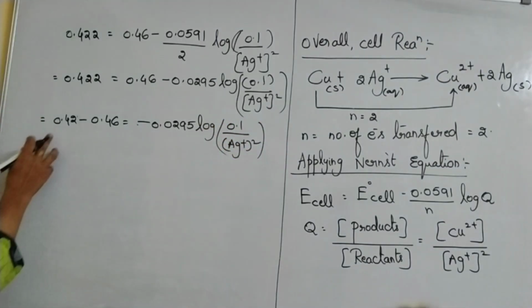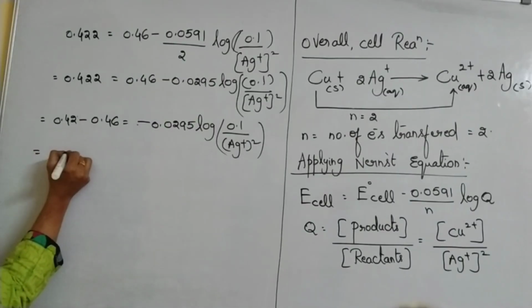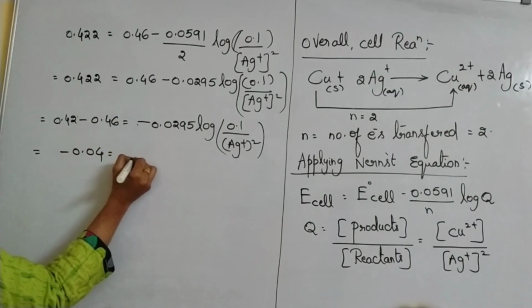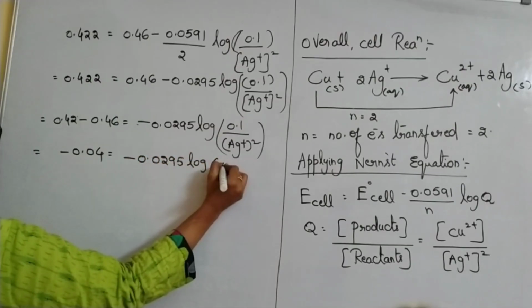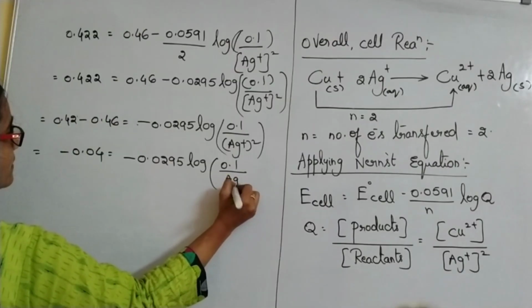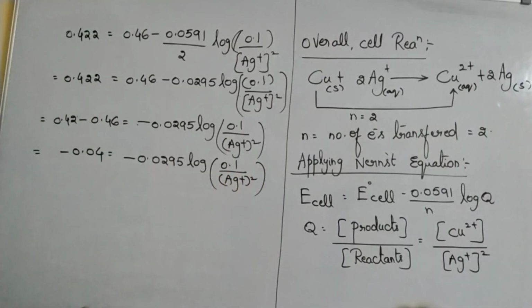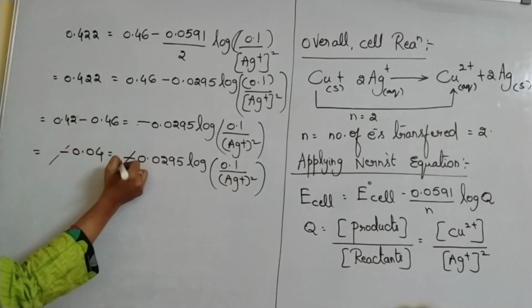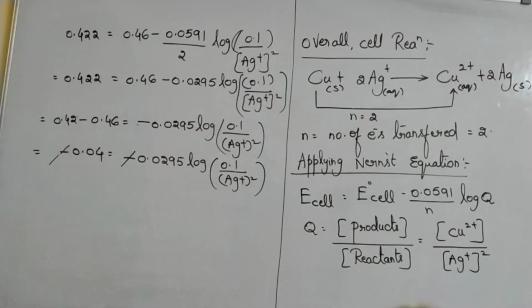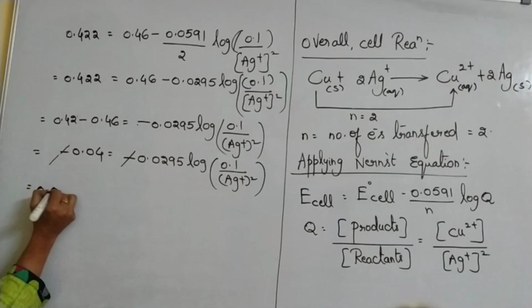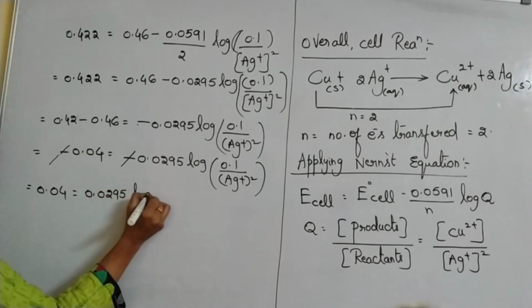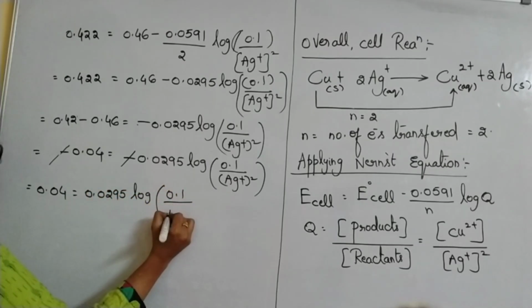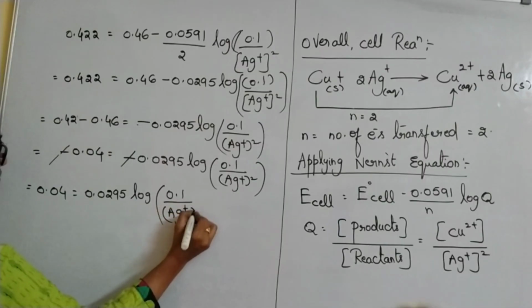Okay, so 0.42 minus 0.46 can be taken as minus 0.04, which is equal to minus 0.0295 log 0.1 by [Ag+] whole square. Here minus minus gets cancelled. So 0.04 is equal to 0.0295 log 0.1 by [Ag+] whole square.